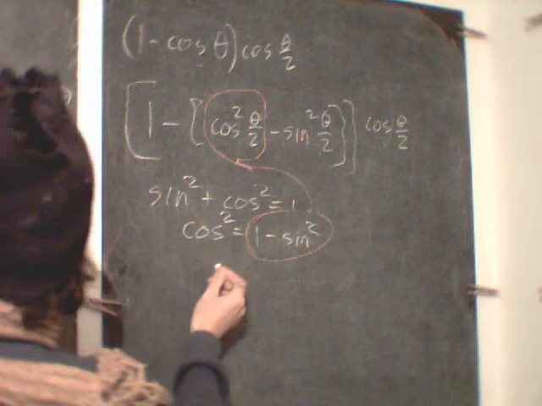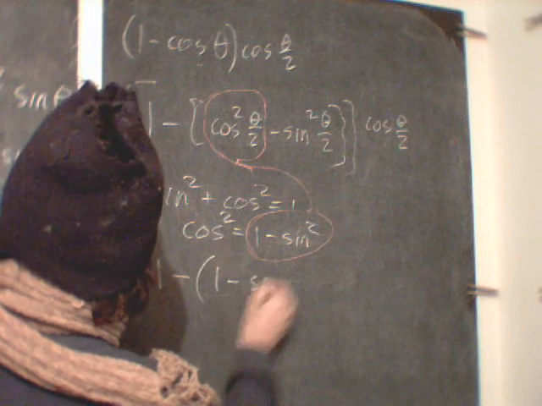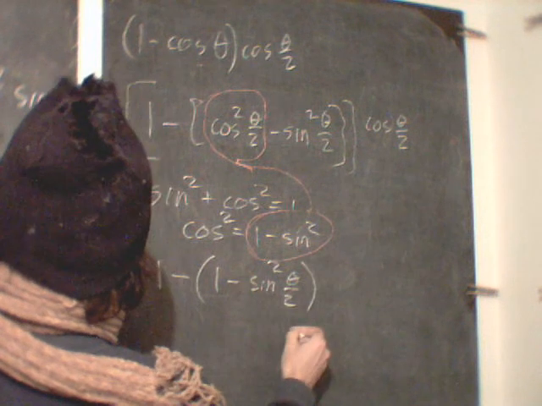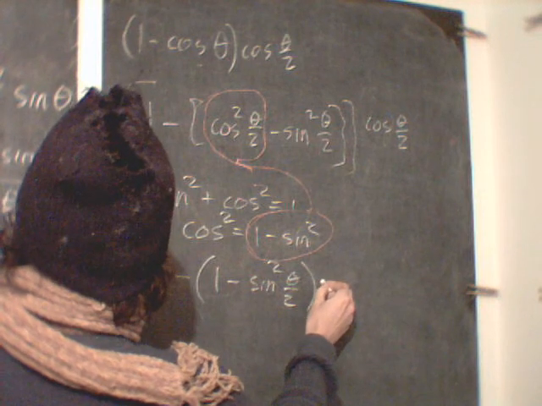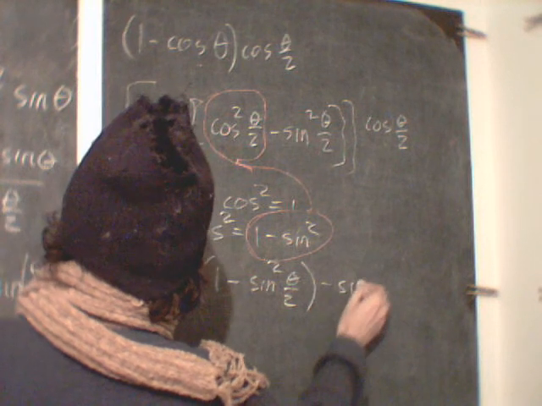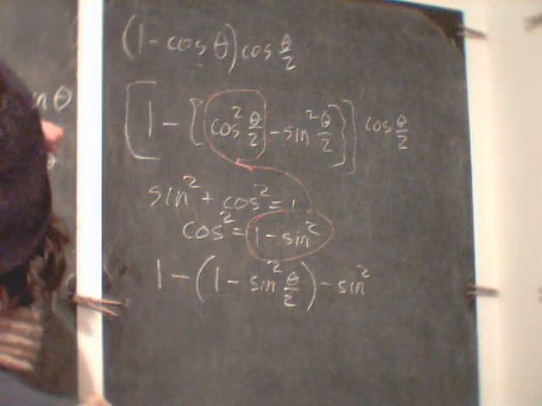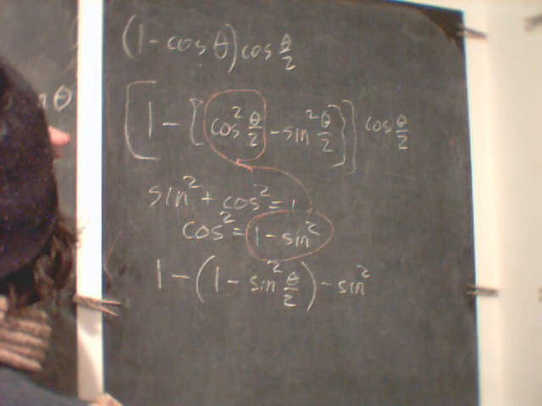So we get 1 minus sine squared theta over 2, minus sine squared. Let's see what's going on here. Oh, yeah.